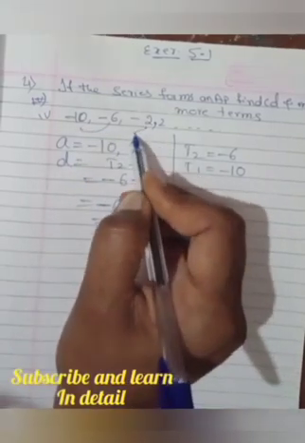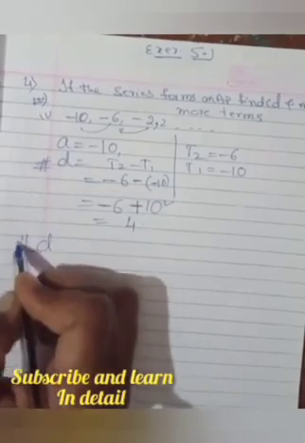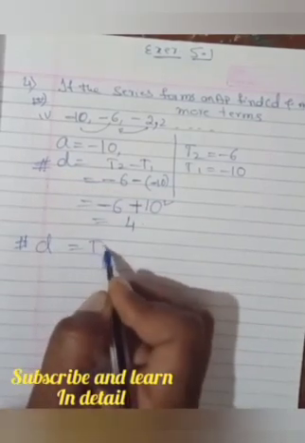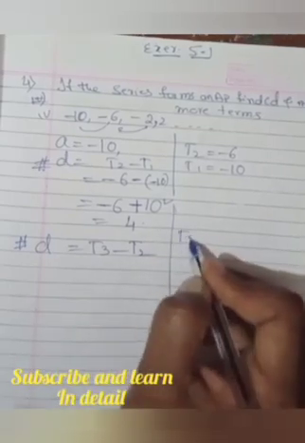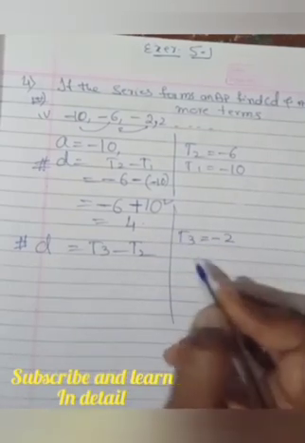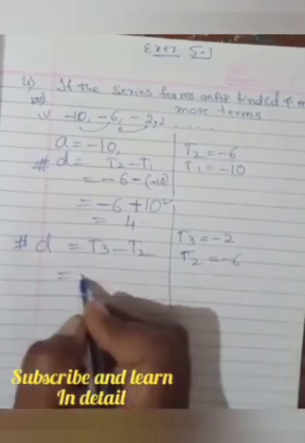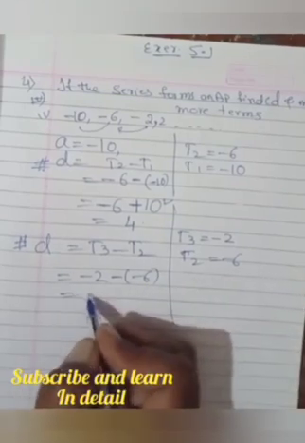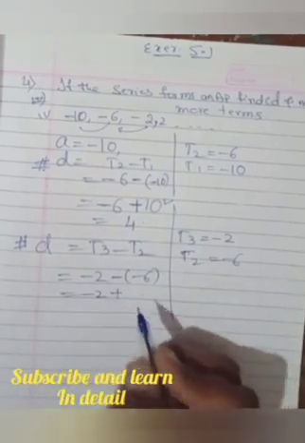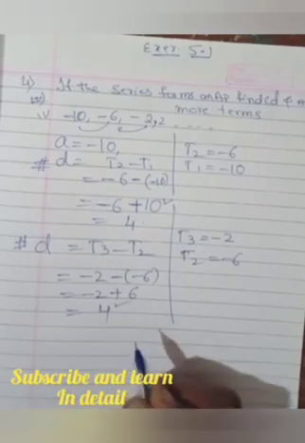Now we'll go with the next difference. The second difference we are calculating between the third term and the second term. Third term is minus 2 and the second term is minus 6. Now minus 2 minus of minus 6, then minus 2 plus 6. Yes, 6 minus 2 gives you 4. Very simple.